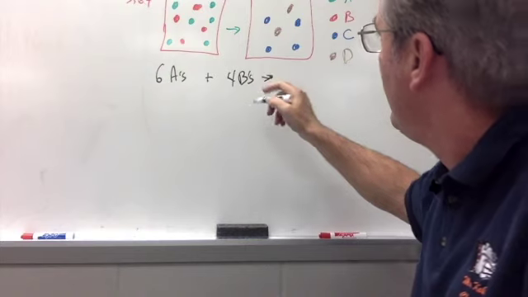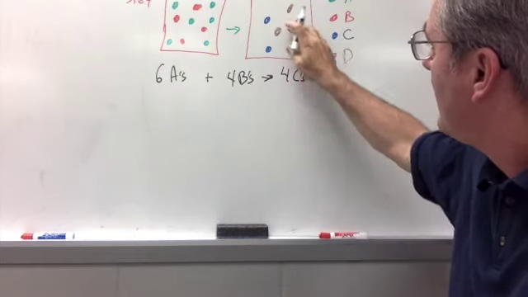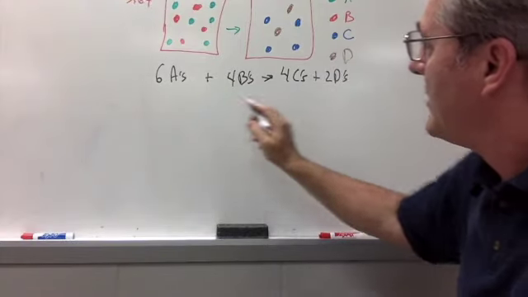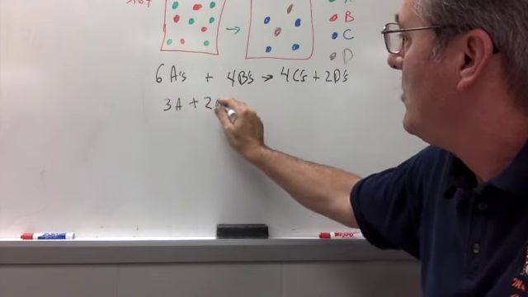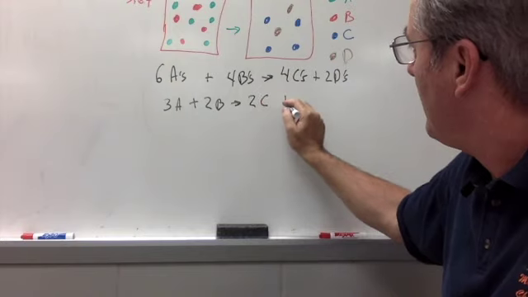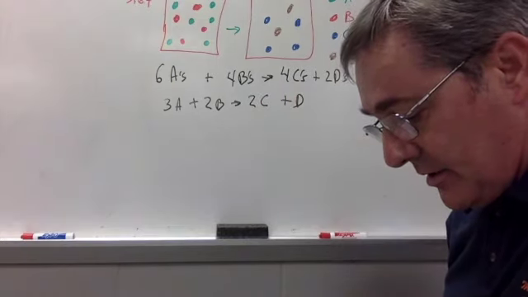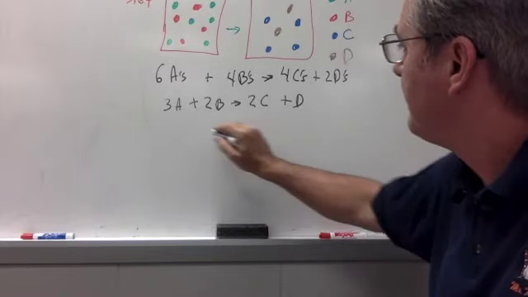And then yields 4 C's and 2 D's. All this is divisible by 2, so it would be 3A plus 2B yields 2C plus D, which is letter D.